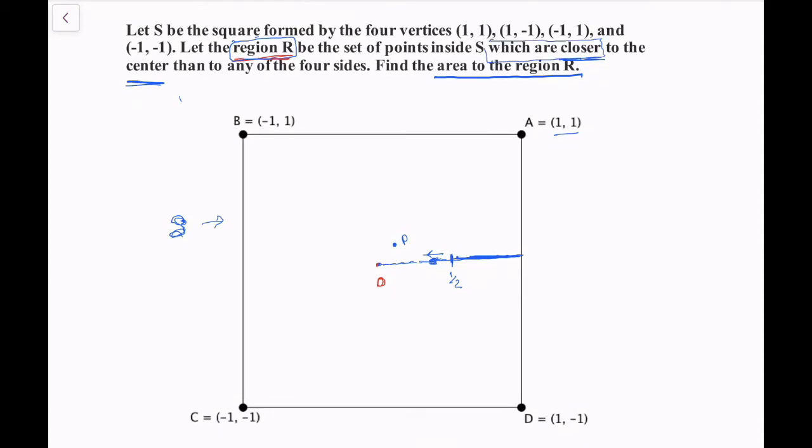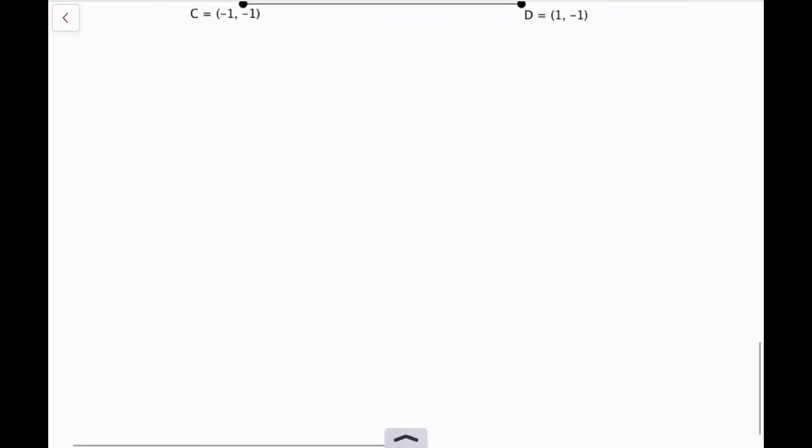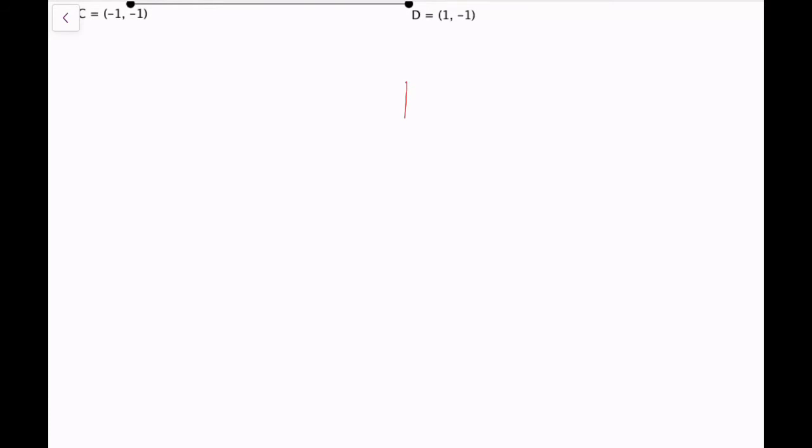Now let's look into this phrase, which are closer. What does the problem mean by that? So let's isolate the picture a little bit and work with just AD and a point O, which is the center.